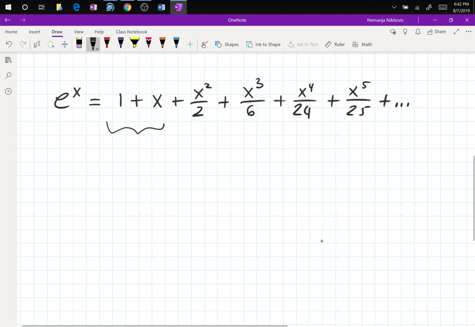How many terms do you get to keep? And usually it's about 4, because you get to be in the neighborhood of the point that you are interested in. Now in this case it was 0 because I don't have x minus, let's say 2, x minus 2 squared, x minus 2 cubed, and so on. I just have x, so that's x minus 0, so we are centered at 0.